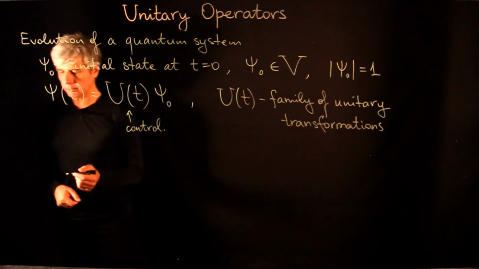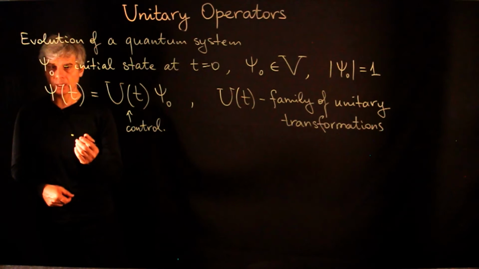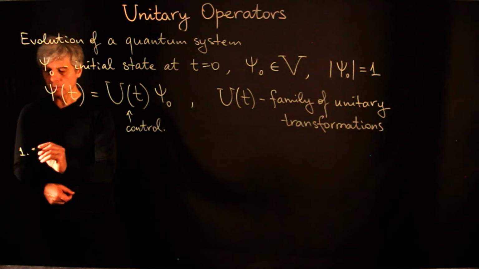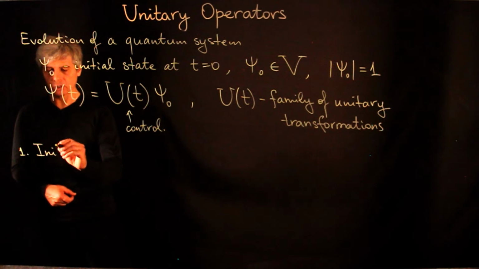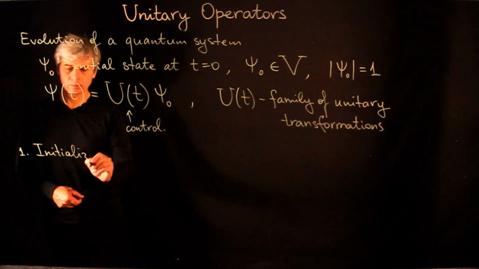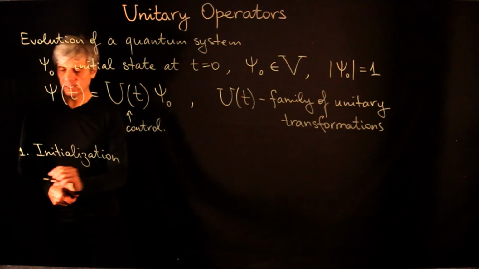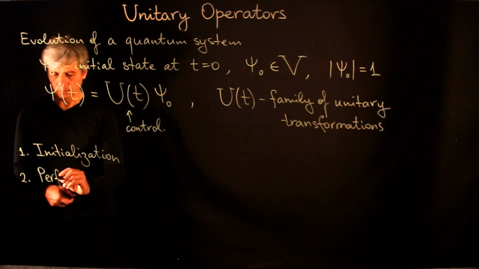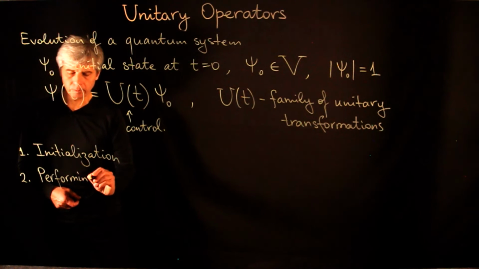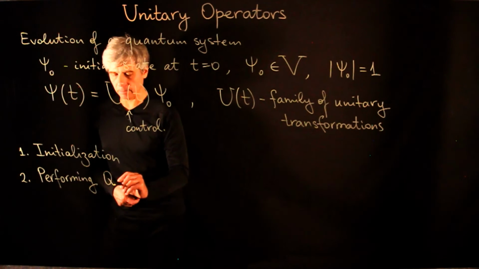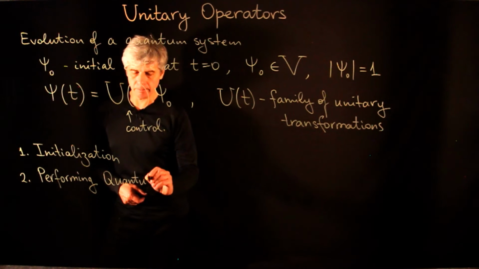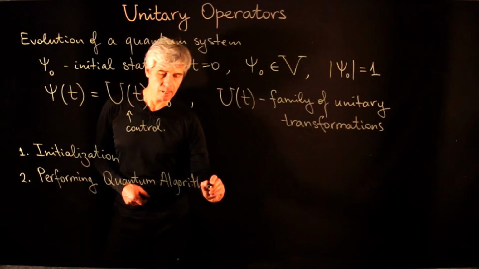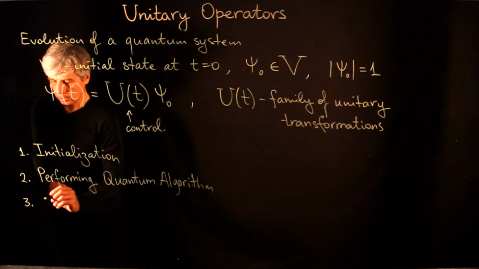Now, the general scheme of quantum computation has 3 parts. The first part is initialization. The second part is performing a quantum algorithm. And the third part is measurement.